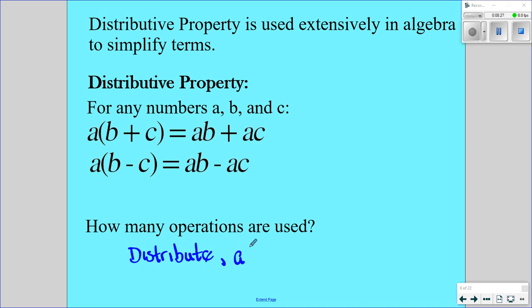So I'm just going to put add and/or subtract. So that means there's 2 when you're dealing with that. Either you distribute and then you add, or you distribute and you subtract.